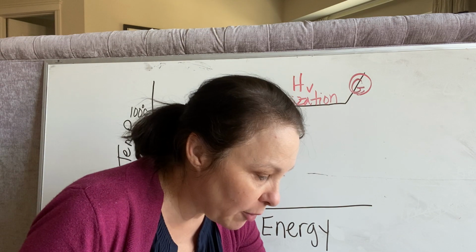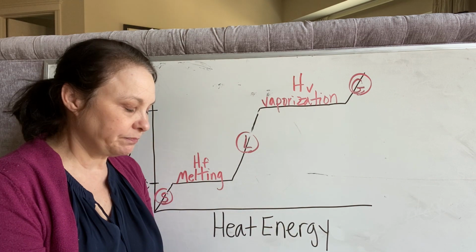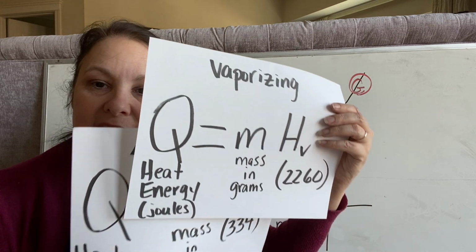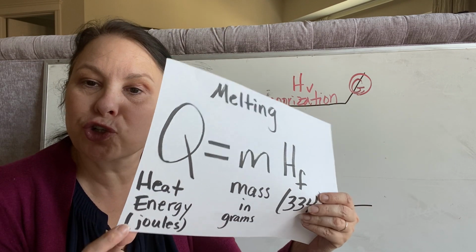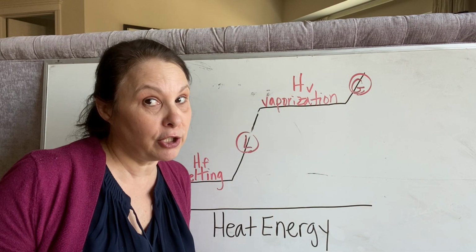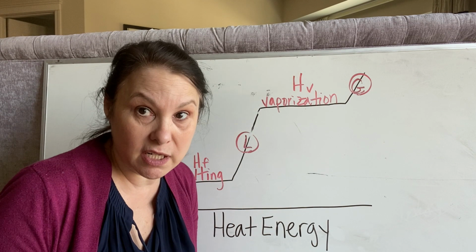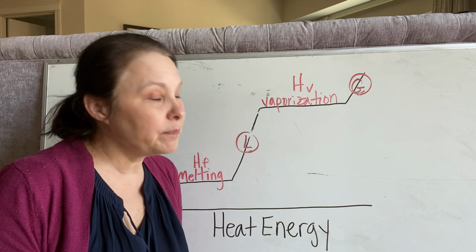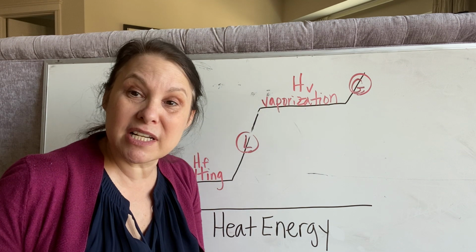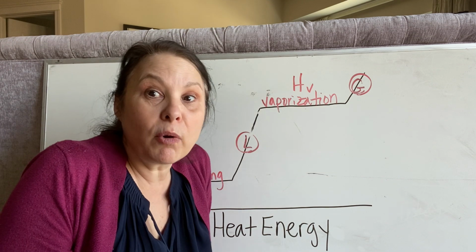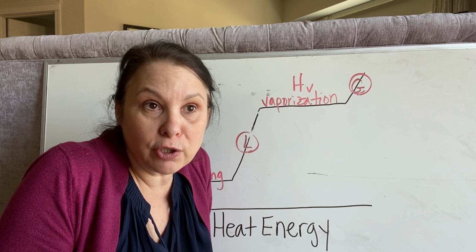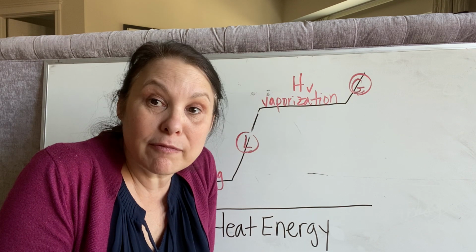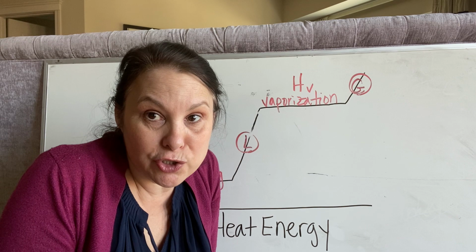What I do want to talk about before we start working problems is that in all of these formulas, heat is expressed in joules. So anytime you solve for Q using any of these formulas, your answer is going to be in joules. Well, that's fine and dandy if a number doesn't get too big. But if you get a really big number for Q, like let's say 50,000 joules, then I might ask you to give me that amount of heat in kilojoules.